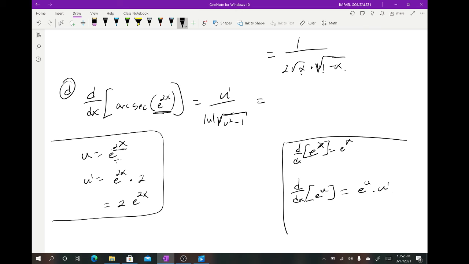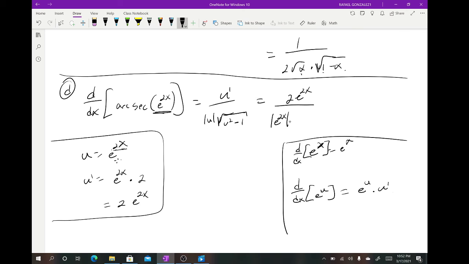U prime, we know what it is. U prime is 2e to the 2x divided by the absolute value of u, which is e to the 2x, times the square root of e to the 2x squared minus 1. Well, that is equal to 2e to the 2x. The absolute value of e to the 2x is just e to the 2x.